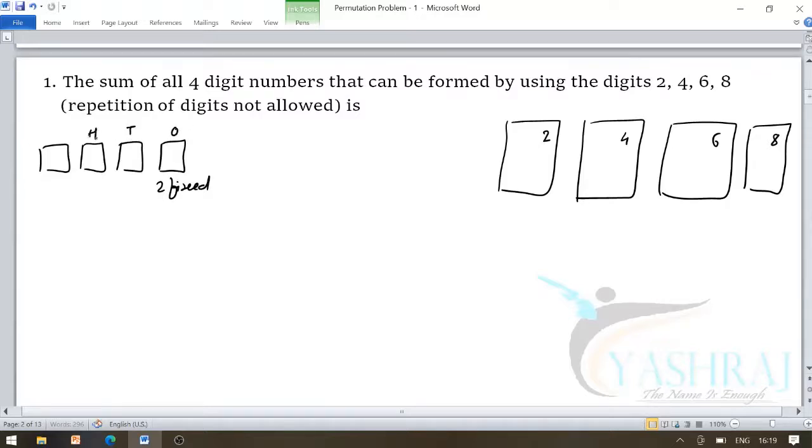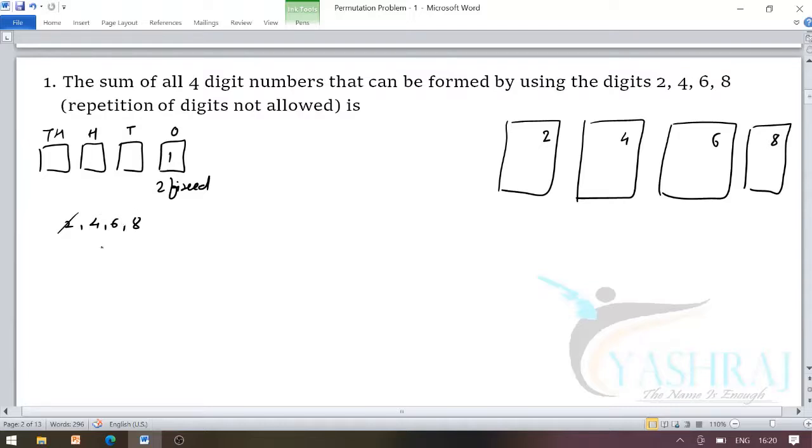So how many possibilities are there to get the numbers which have 2 as their unit place? For that we have the digits 2, 4, 6, 8. So we fix a 2 at the units place. So there is only one way to choose a 2 from the given digits.